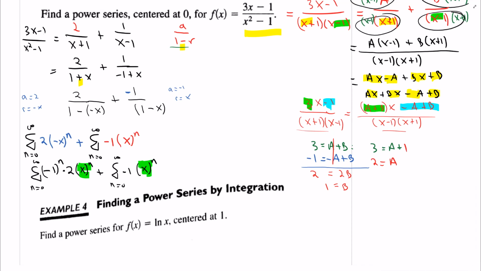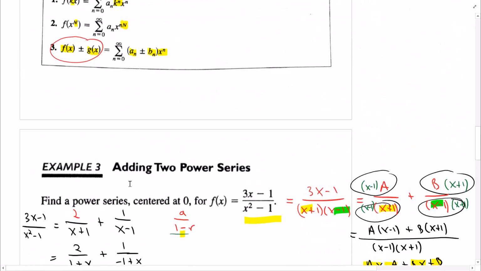And then we're going to go back up here and we're going to use this guy, where I can just add the terms. Basically this is my representation for f, and this is my representation for g. And so I can just write this as, the x to the n is similar. You can kind of think about it as factoring out x to the n.